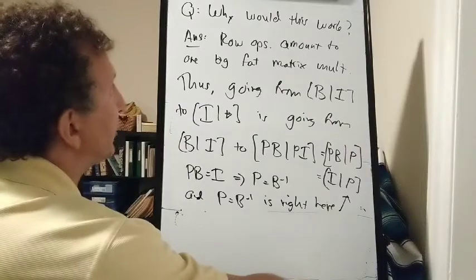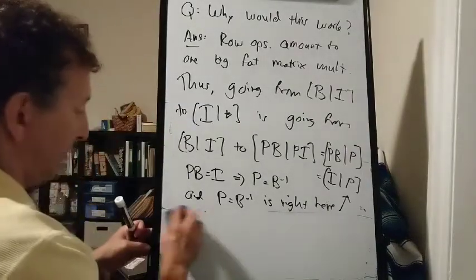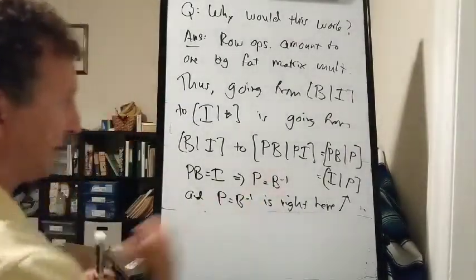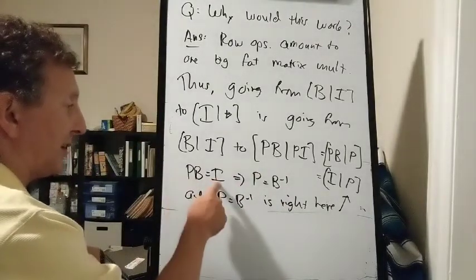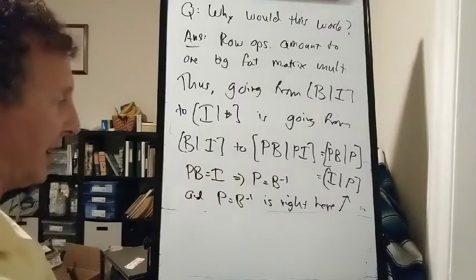Now, another question we should be asking is, how do we know that this left inverse that we've computed, something we can multiply by on the left to get the identity, is also going to work as a right inverse?